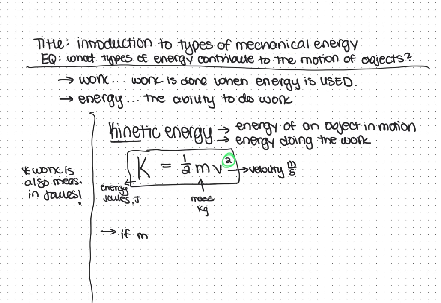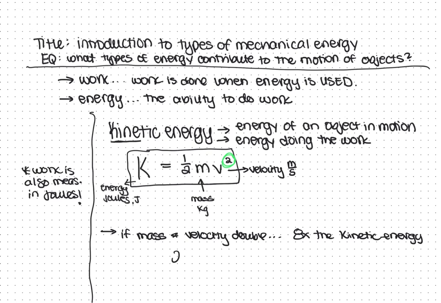Good. So if mass and velocity double, 8 times the kinetic energy. So in terms of relationships, right, mass is directly proportional.